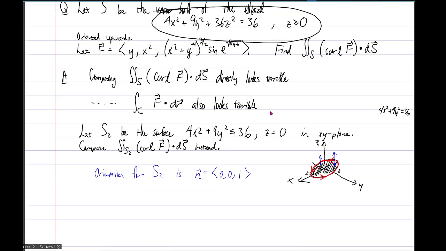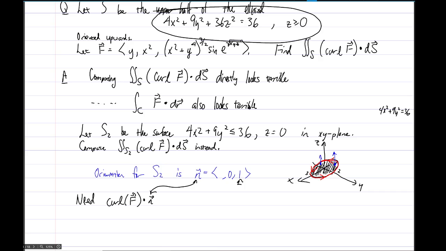So now we're going to need the curl of F dotted with n, but check this out. N is this, and so we have zeros in a couple spots: when we do the dot product, 0 times whatever plus 0 times whatever. This is really good information.